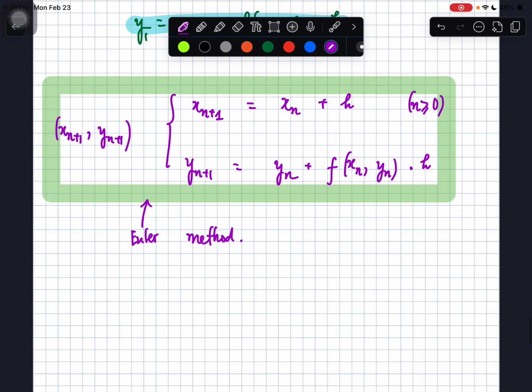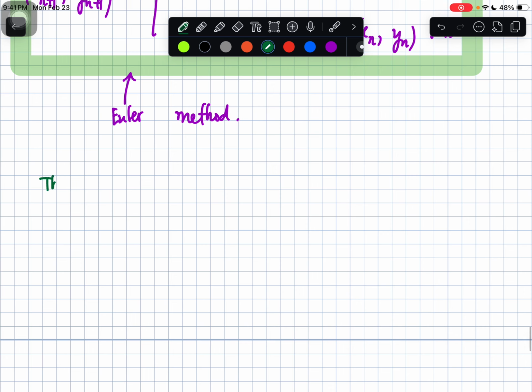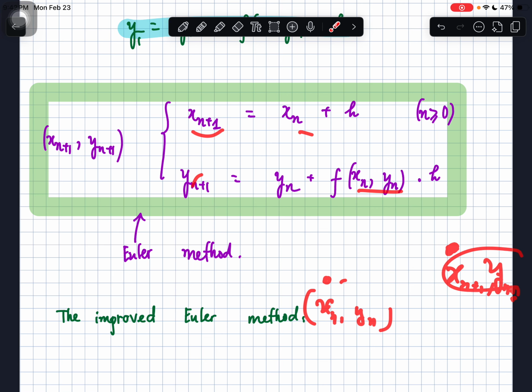Now they want to improve that. The improved version would be as follows. The improved Euler method. The idea for improved Euler method is that we use the slope at the point (xn, yn) here. And when you move h units, you have x(n+1) and then y(n+1). And the idea is, why don't we use the slope at this point?